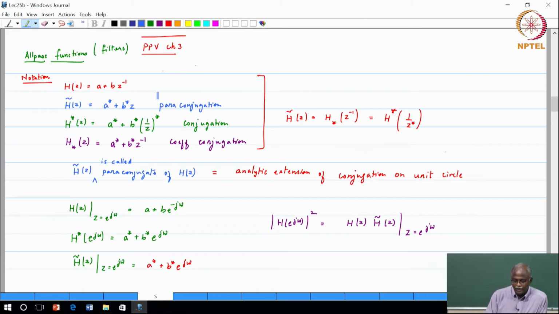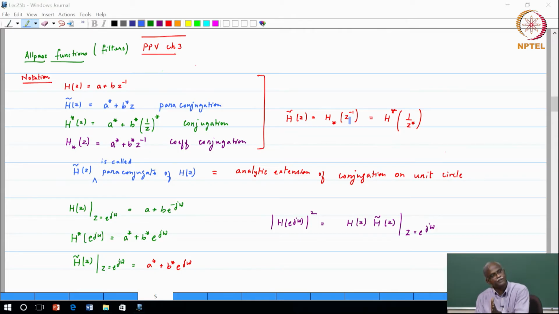The first one is paraconjugation, and paraconjugation represents conjugation of the coefficients and Z replaced with Z inverse. This gives us two alternate definitions of paraconjugation. In the direct representation, you do conjugation of the coefficients and replace Z with Z inverse.